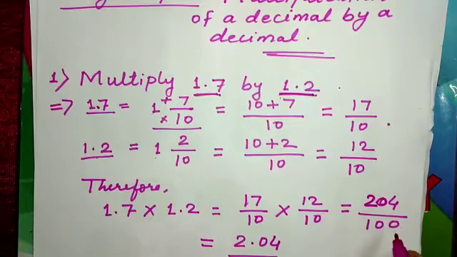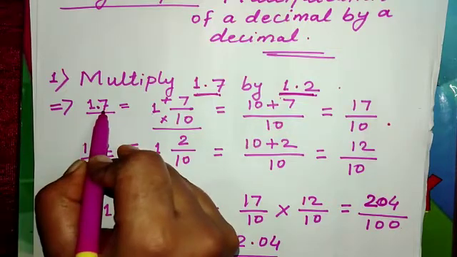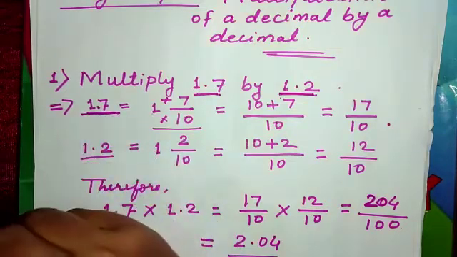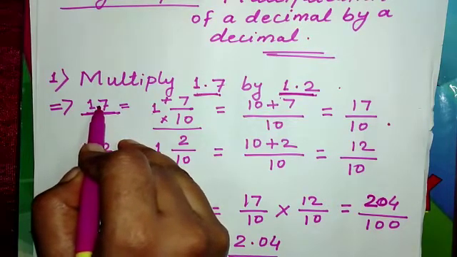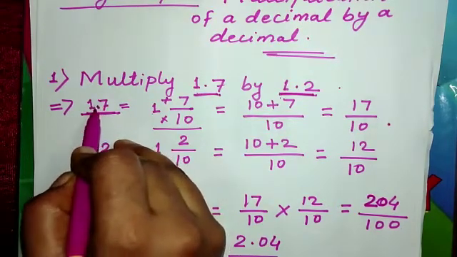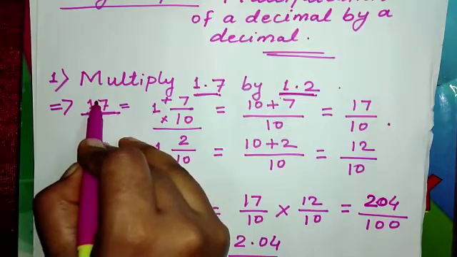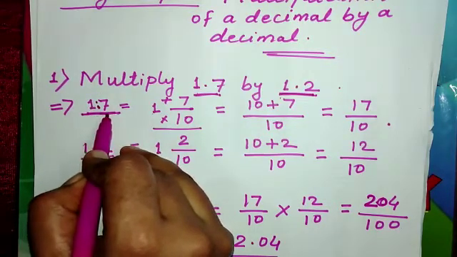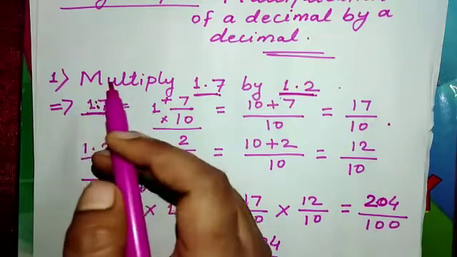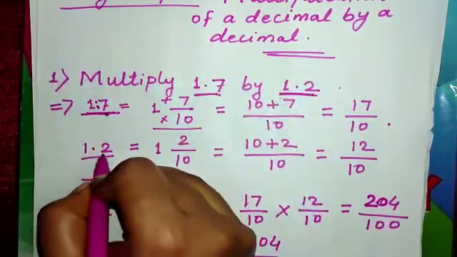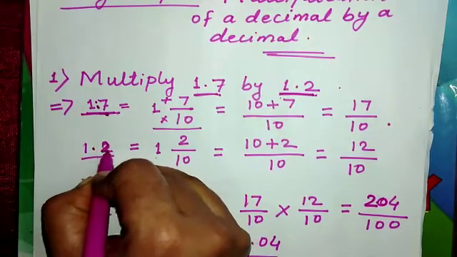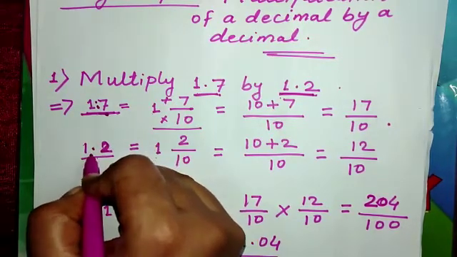Okay, now how to put the decimal point. Already I have taught you how to put the decimal. Now first you check in this, that 1.7. Here we are getting our decimal before one place, right to left. And here also, before one place we are getting.